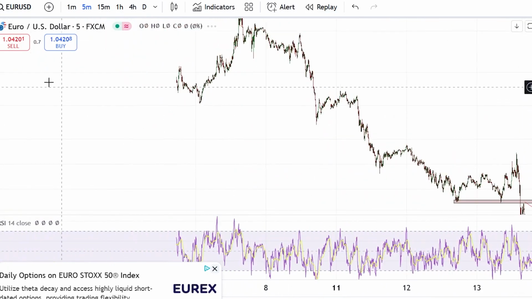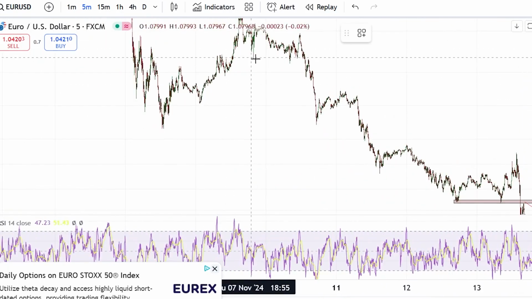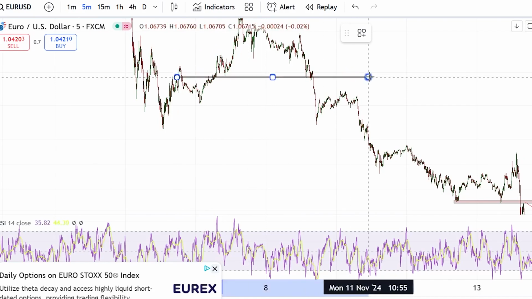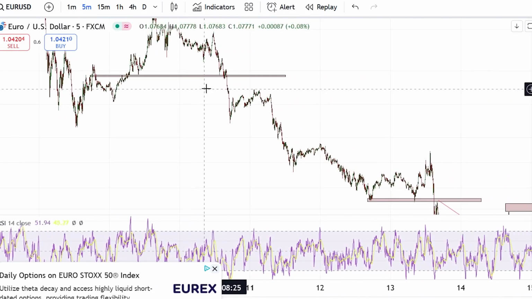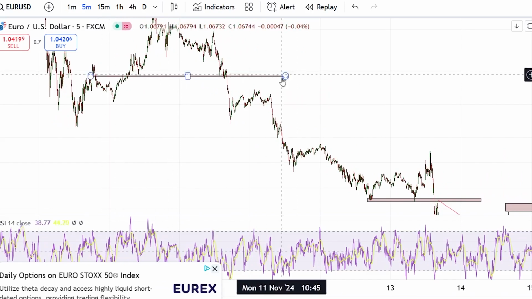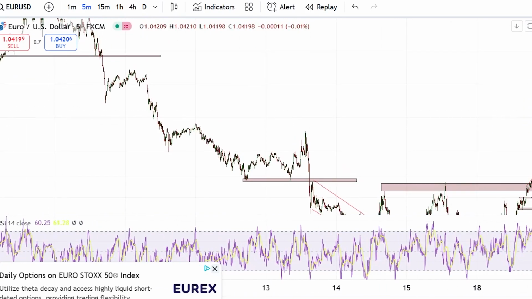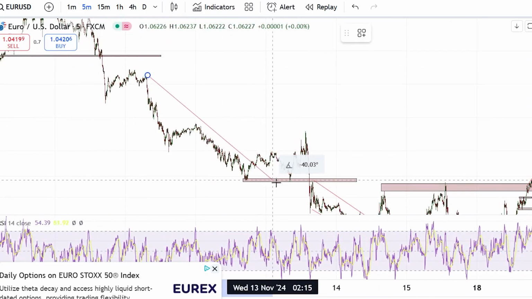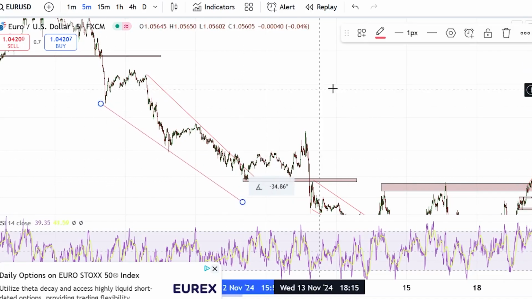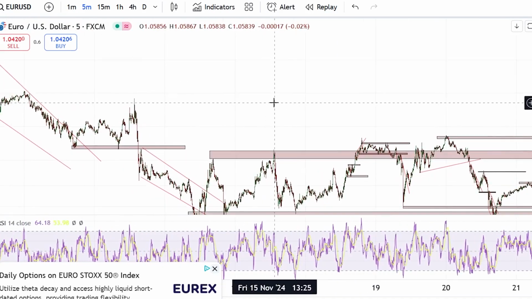Here, for the last example, here there is a zone. Then in next episodes we will learn why this is a zone, then spike, channel, and a range.